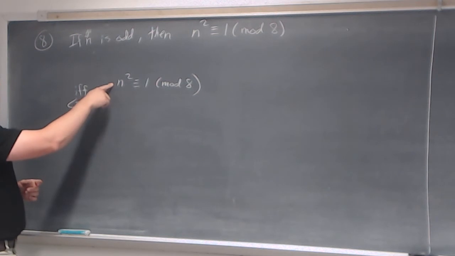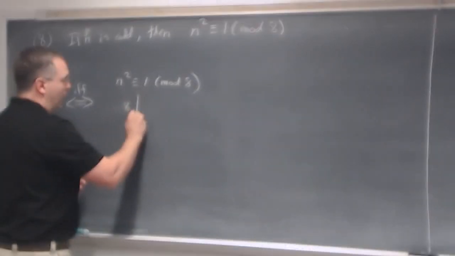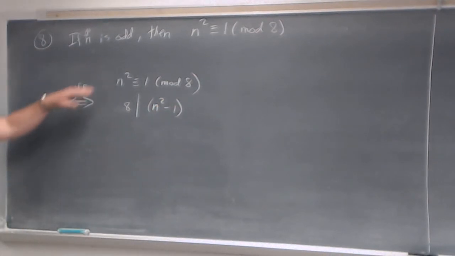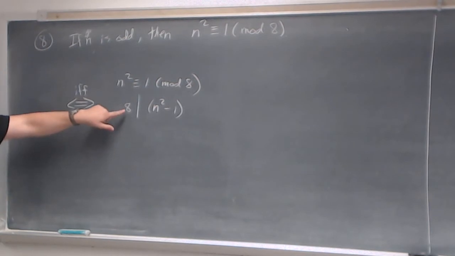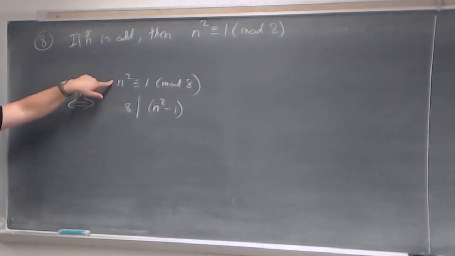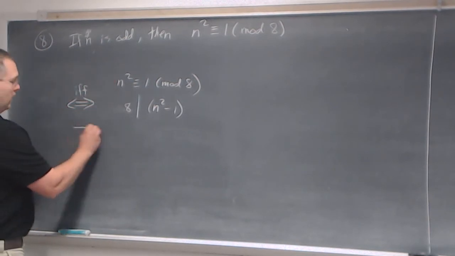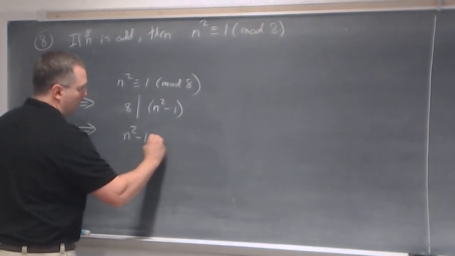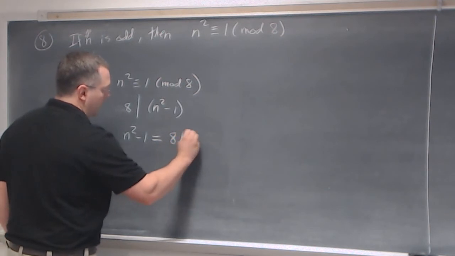So this is true if and only if 8 divides n squared minus 1. So if I could prove this, that's the same as proving this. But this is true if and only if n squared minus 1 looks like 8 times an integer.